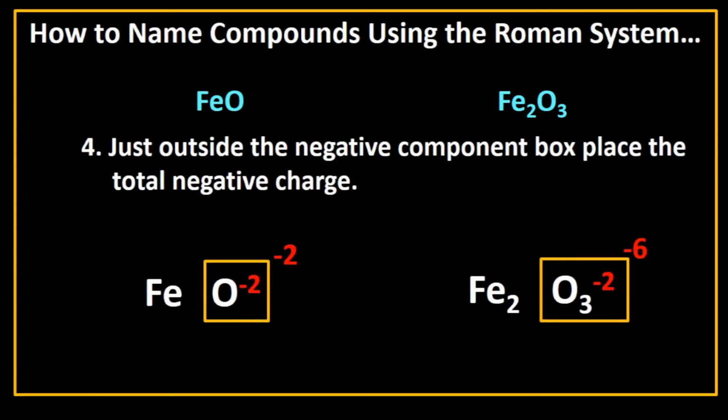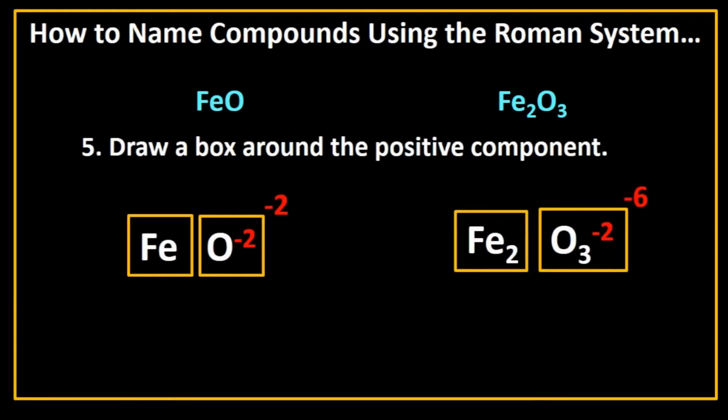Now, just outside the negative component box, you want to place the total negative charge. Again, for FeO, that'll be -2, and for Fe2O3, it'll be -6. Next, you'll be able to see where some symmetry lies in this whole procedure. Draw a box around the positive component.